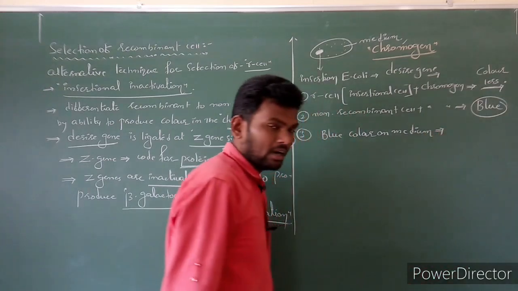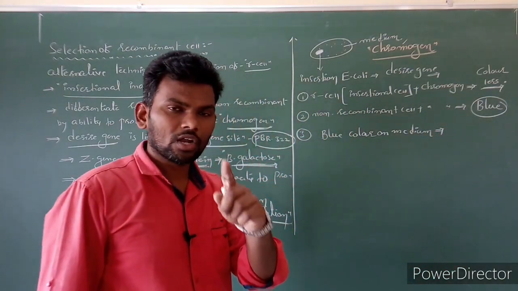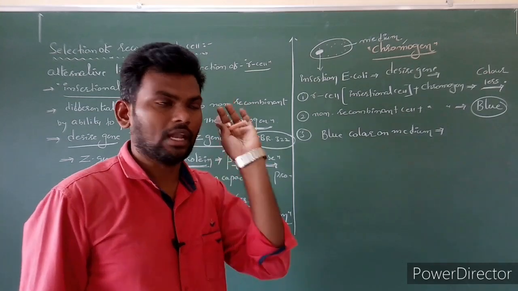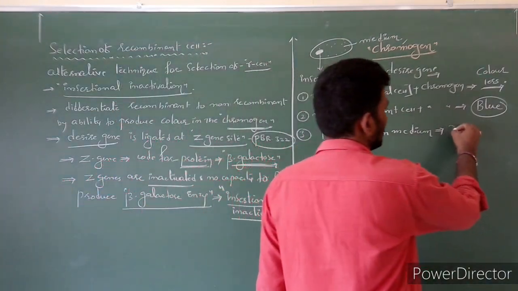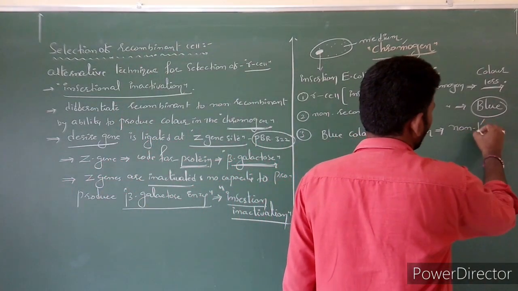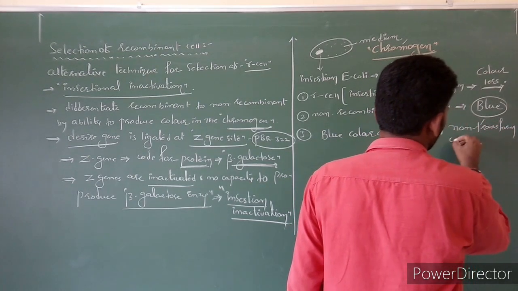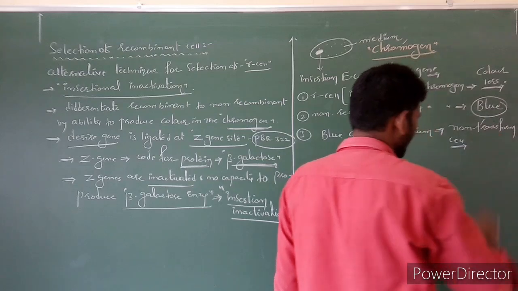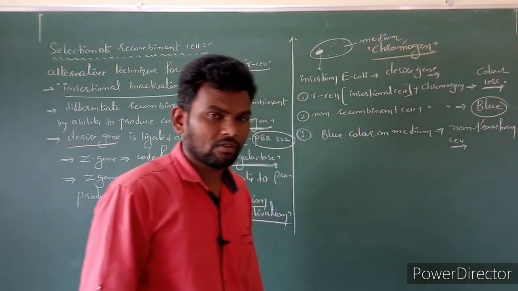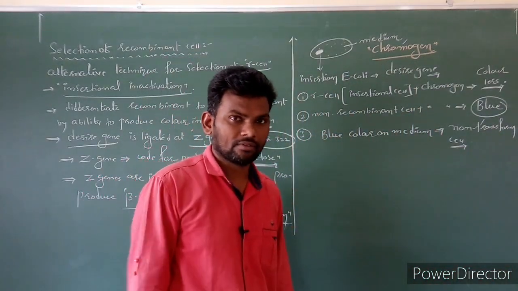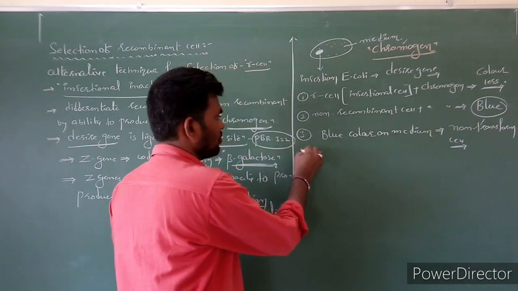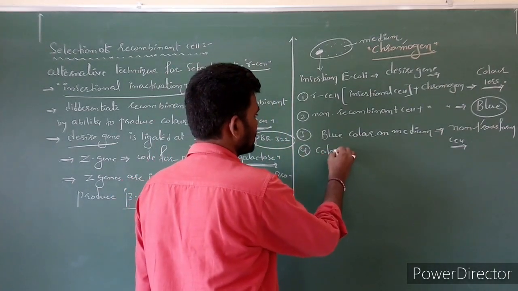if they are blue colored on the medium, they are what? Non-transformed cells. These are non-transformed cells, nothing but non-recombinant cells, just equal to pollutant. Okay, then which are colorless?